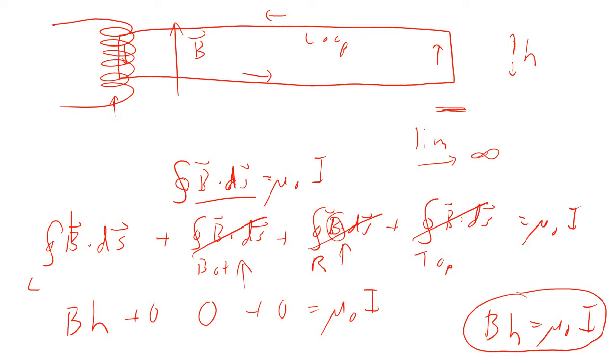Okay, so now we got b times h equals mu naught I. Well, I is really not just the current in one loop because you get more than one loop. So it would depend on how many loops were in there. So that's going to be n times I because we have n loops.